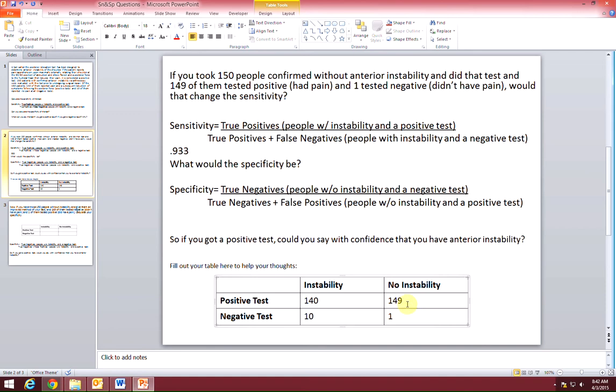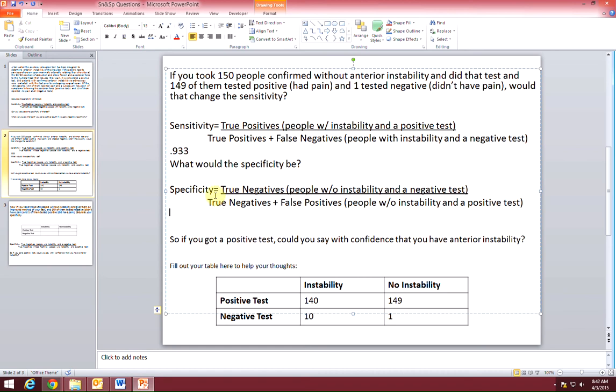And if you remember, these right here are our false positives. So we have 149 people down here with false positives. So this number right here is going to be 149. And this number up here is only going to be 1.